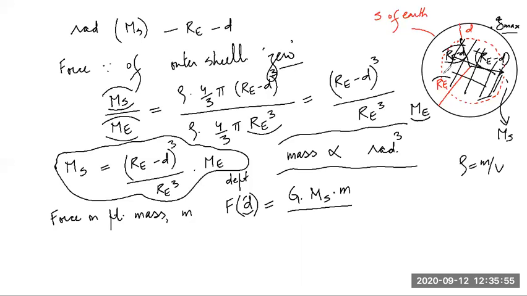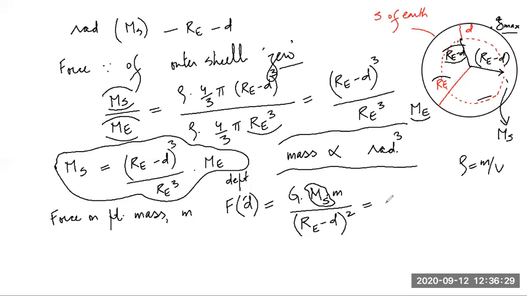So this is G into m, the mass of the point mass, into Ms divided by the radius of this, I'm sorry, it's not m, it should be Ms. What is the radius of Ms? Radius of Ms is Re minus d whole square. Is it right, Ishma? Yes, sir. Good. Now you put the value for Ms.